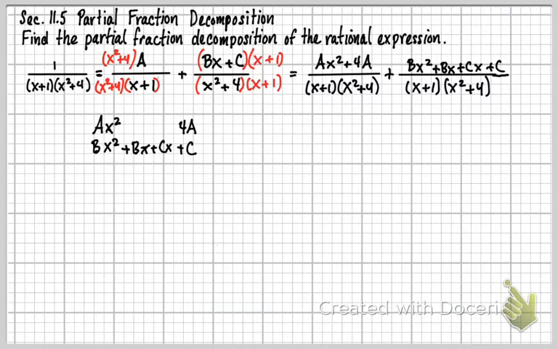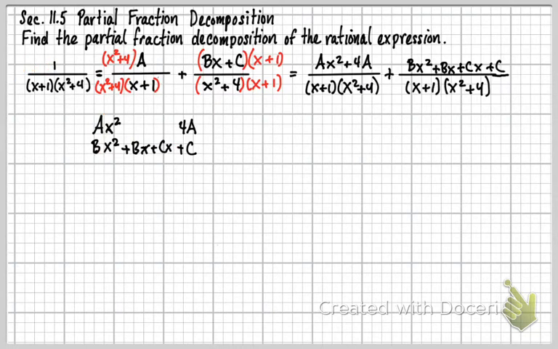And this is really 0x squared plus 0x plus 1. So that means when I add my a plus b together, it has to equal 0. And when I add my x's together, that also has to equal 0. And then when I add my 4a and my c together, I have to get a 1. So those are my three equations that I'm actually going to be working with here.